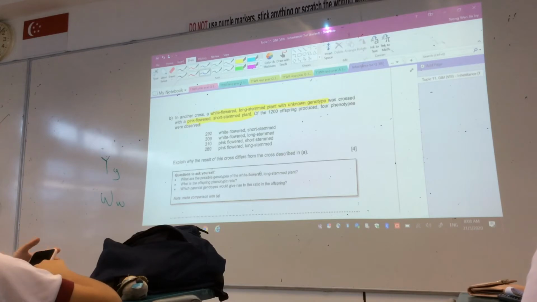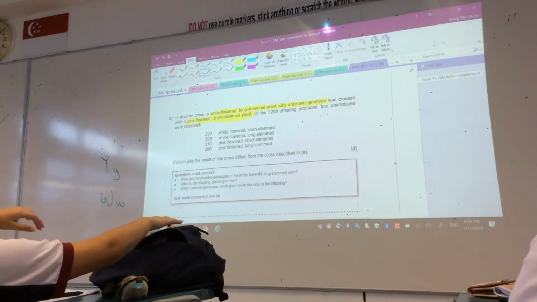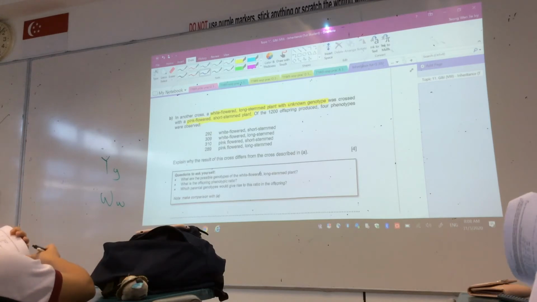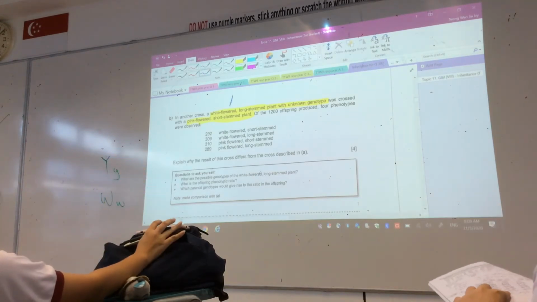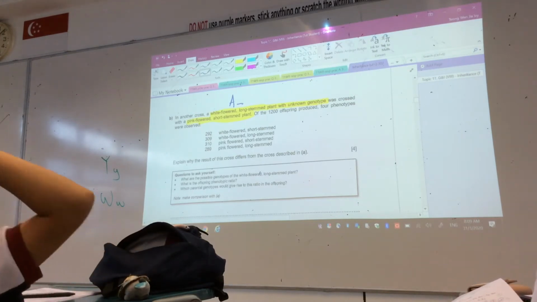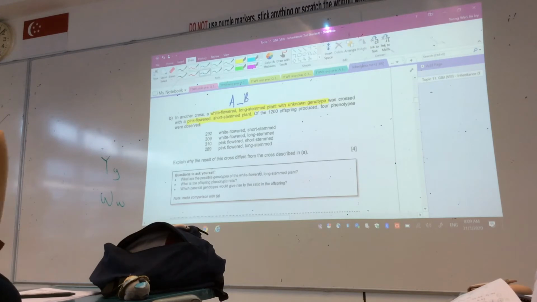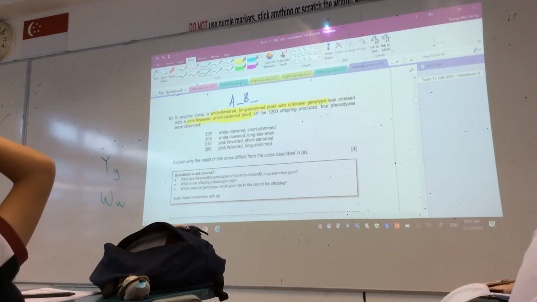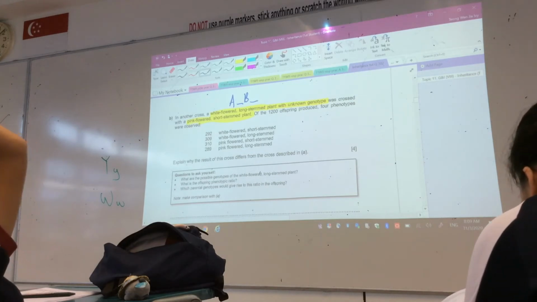The first one, the white flower long stem with unknown genotype, what is the possibility? Big A, big B, dash. If you don't know, you have to put a dash. Because white flower long stem, this is unknown.